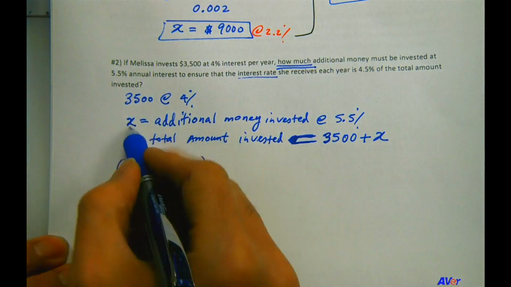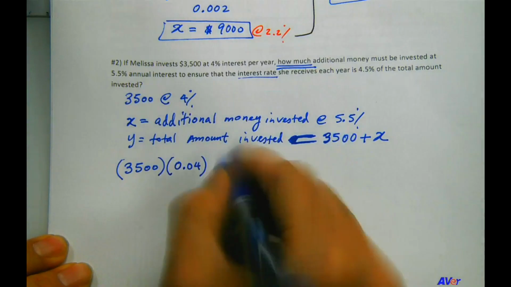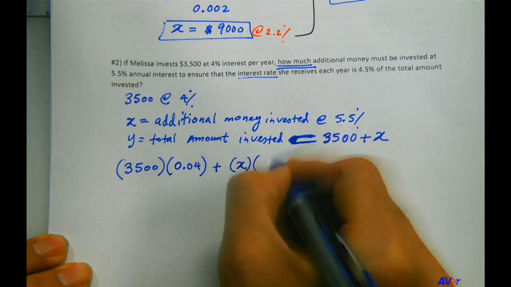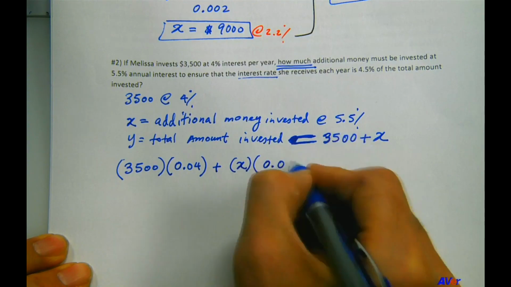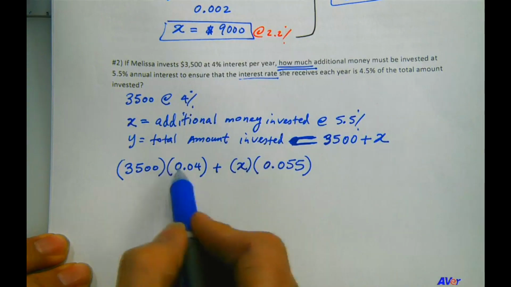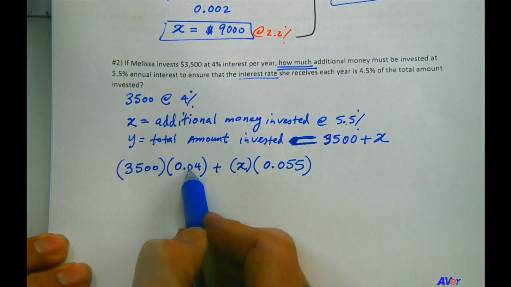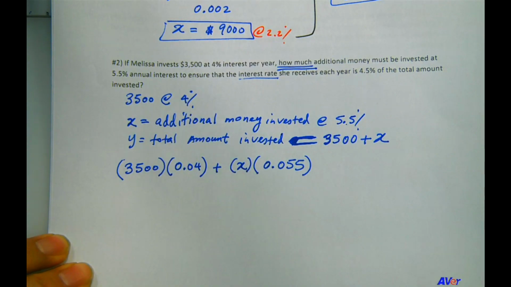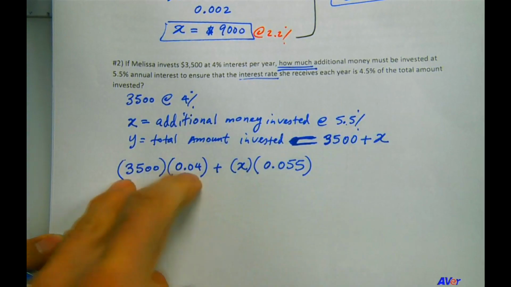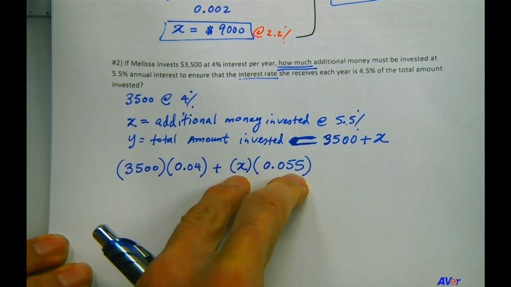Plus, we're wondering how much additional money should she invest at 5.5%. So plus X times 0.055. Again, please make sure you know how to translate percentages to decimal forms. Very, very important. So this is the initial investment, and Melissa has some additional investment at 5.5%.